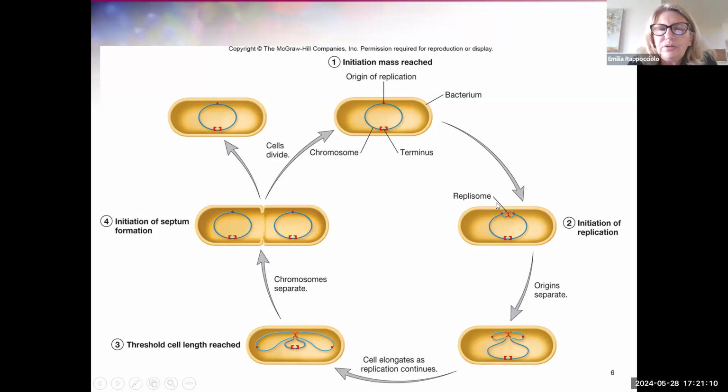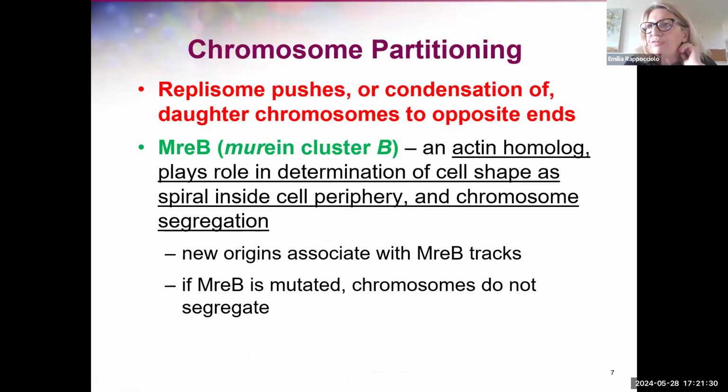The replication fork goes right and left until you end up with two chromosomes. You end at the terminus and you have the two chromosomes. The two chromosomes are separated, and then the cell can divide and you have two new cells. So it's a fairly straightforward and relatively simple process.